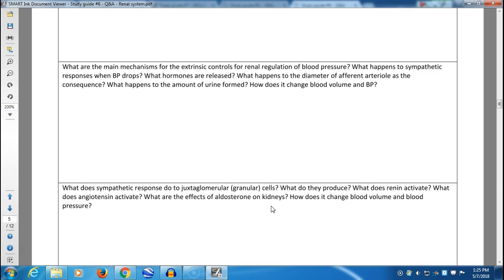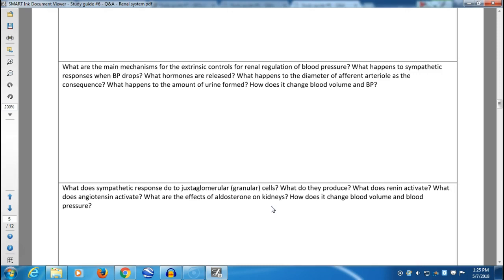When blood pressure goes up dramatically, what happens to the filtration rate? Goes up. What happens to the amount of filtrate formed? Goes up. Because we filter fluid out, blood volume goes down. That makes sense? Blood pressure goes down. Okay, we're more concerned with the low blood pressure.